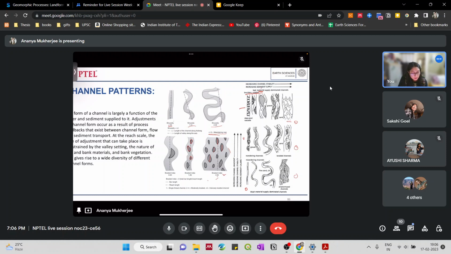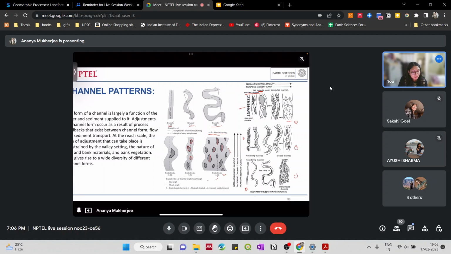Over here you can see the other relation, that is increasing channel gradient, decreasing channel stability and increasing sediment caliber. What is sediment caliber? It is kind of the carrying capacity of it.